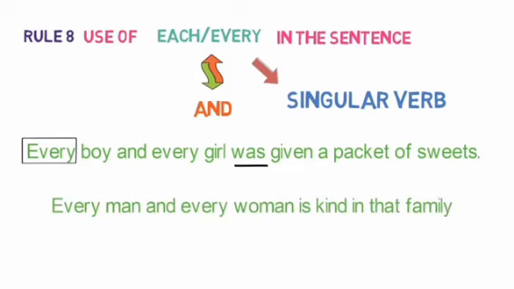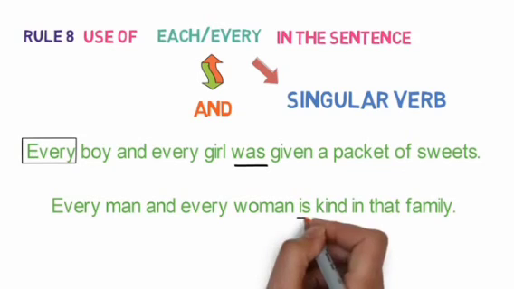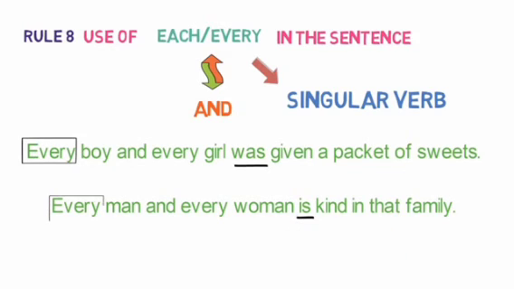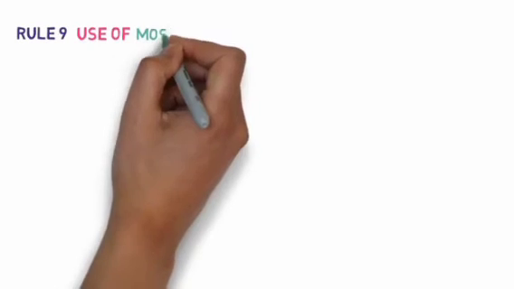Every man and every woman is, not are, kind in that family. Is is a singular verb because of the pronoun every. Okay? So when each and every is used, use a singular verb.